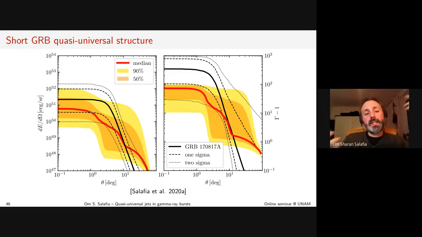In this case, we assume the same kilonova density and velocity distribution as in the paper by Xie that I mentioned before, and in the same also by Kaslival and Gottlieb. And then we use similar distributions of the jet properties at launch, except for the duration, which is shorter. And then we obtain this distribution of structures, which are quite compatible with the structure that we see actually in GRB 170817.